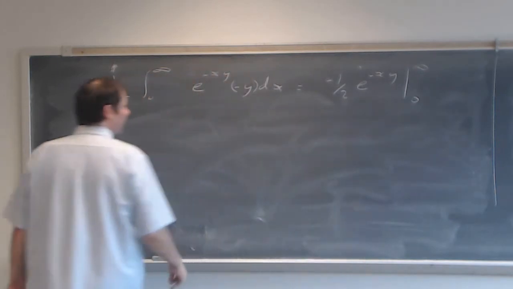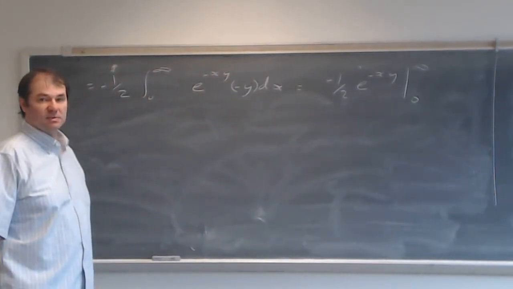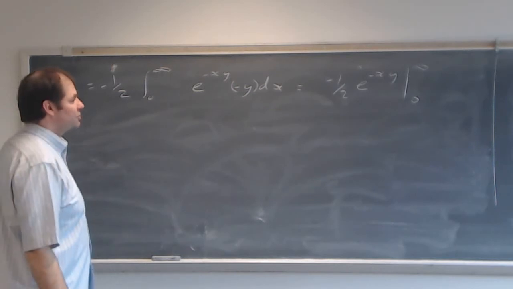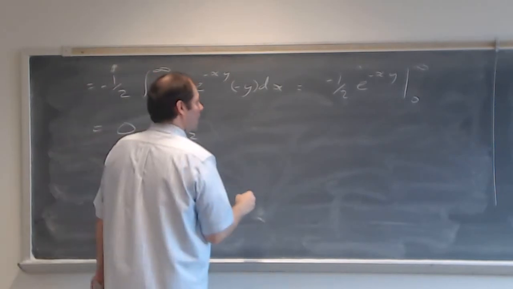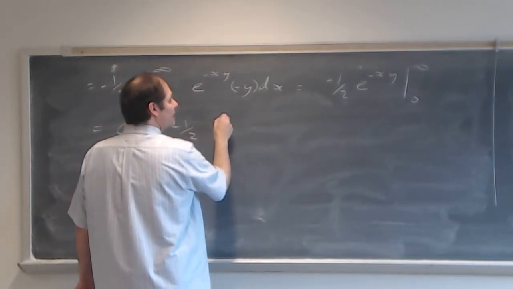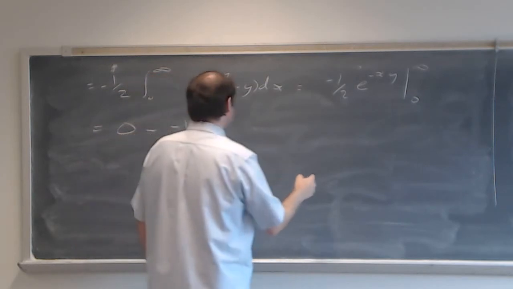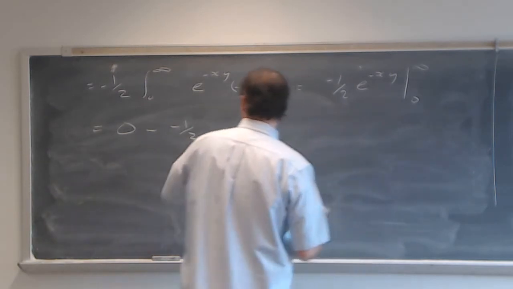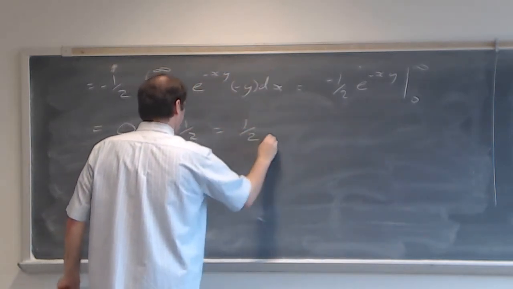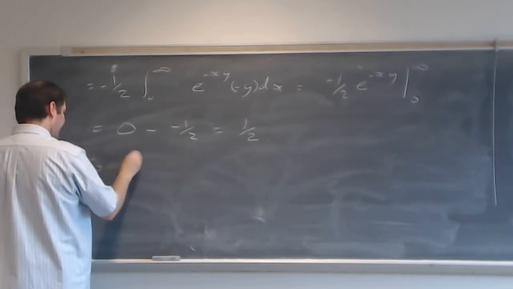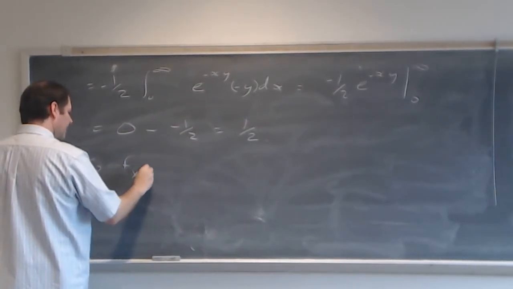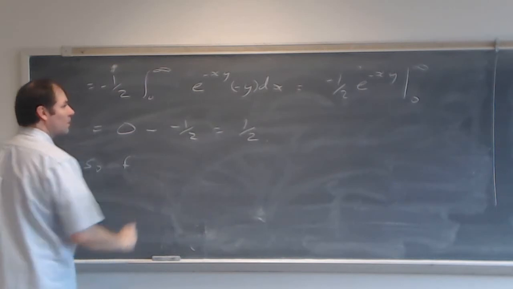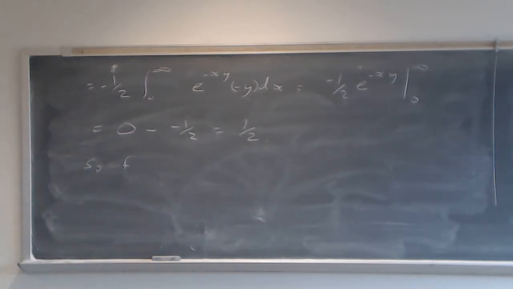When you stick in infinity for x, provided that y is positive, and it is because y has to run between 0 and 2, what you get is 0. And it'd be minus a minus 1/2. And here, when I stick in 0 for x, e to the 0 is just 1, so we get minus a minus 1/2, which is just 1/2. So, what we get is f of x given y. Well, that's what I have. Give me a second to make sure I haven't made a mistake.